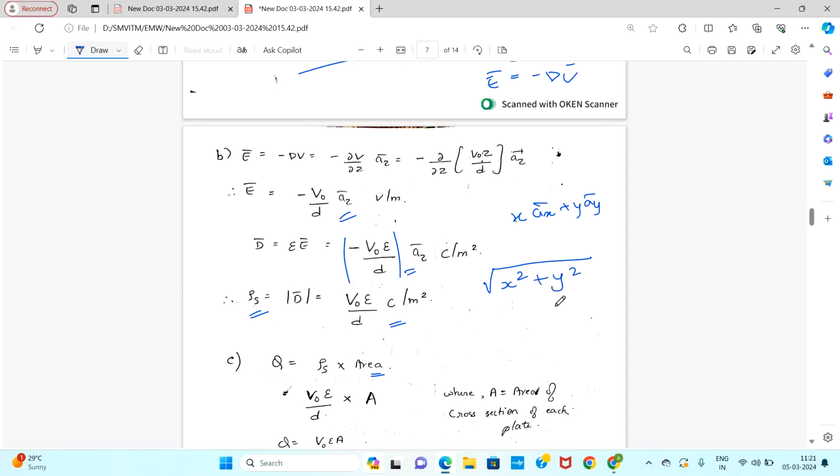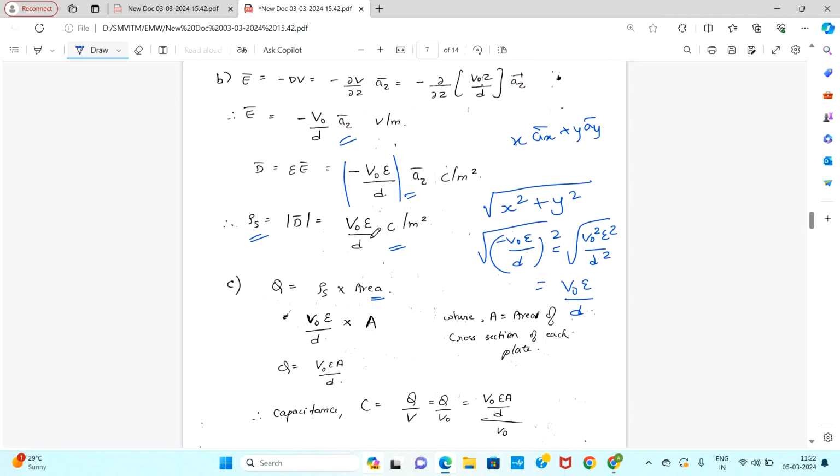Root of x square plus y square. The same thing is done here. You have only the z component, so it is the root of minus V naught epsilon by d, the whole square. If I square this, I get positive V naught square epsilon square by d square. Minus becomes plus, and the square root of this gives me V naught epsilon by d. That is how we got this equation here.